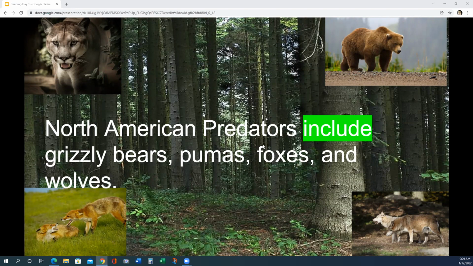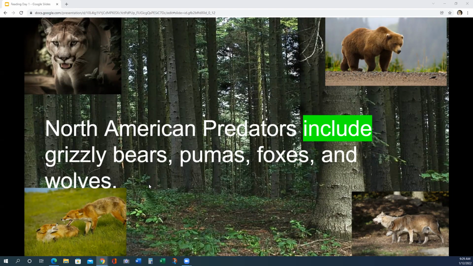So how can we figure out what predators mean? Well, if we look at these animals just by common knowledge, you may not know what all of them are, but most of them are pretty common. And we think about, okay, what do all these have in common? Grizzly bears, pumas, foxes, and wolves. Well, they all are animals that eat meat.